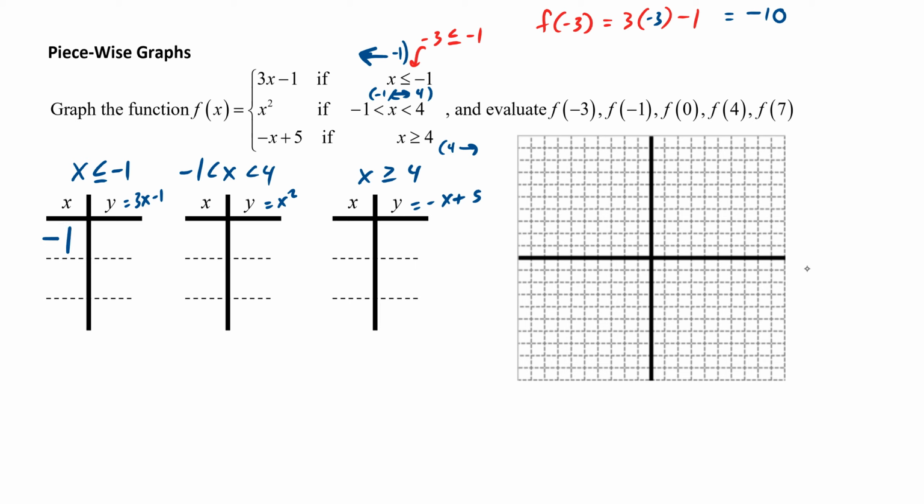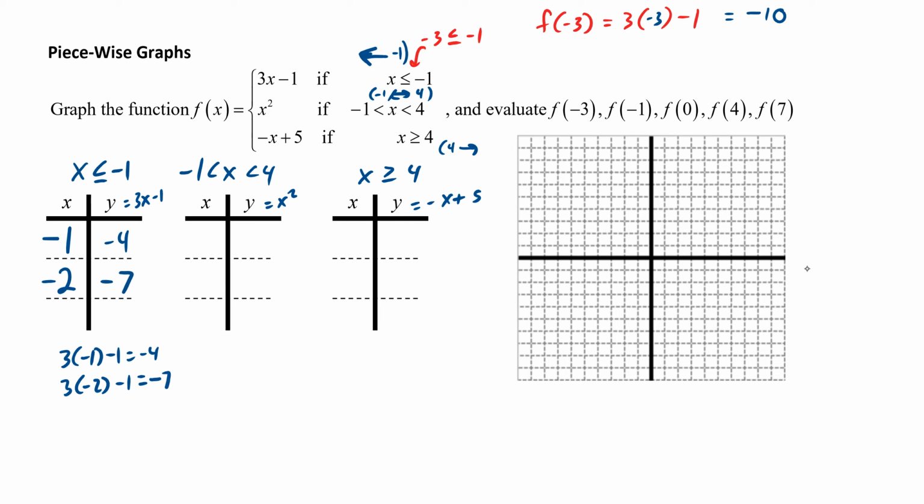Our first number would be negative 1. And then something less than negative 1 is negative 2. This is a line, so you only need 2 points. If we plug those in, we get 3 times negative 1 minus 1 is negative 4. And 3 times negative 2 minus 1 would give us negative 6 minus 1, which is negative 7.